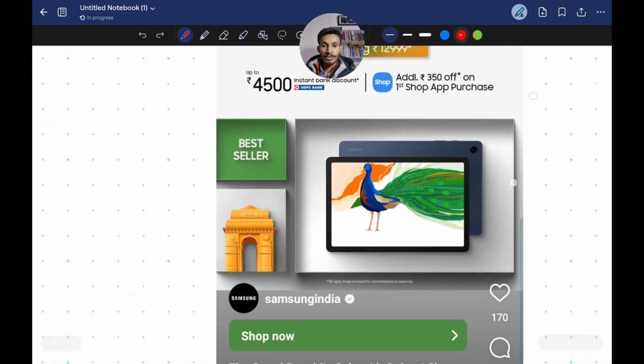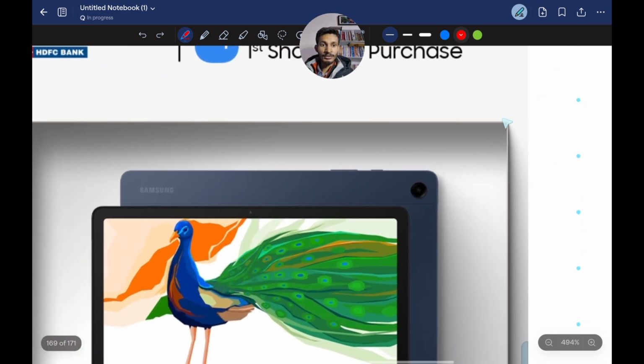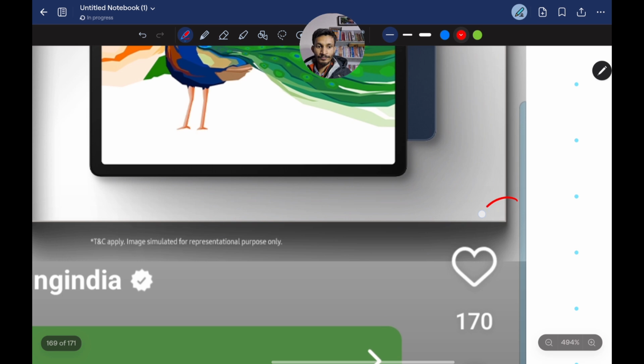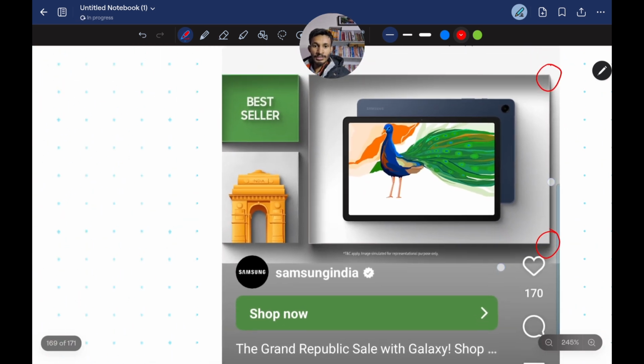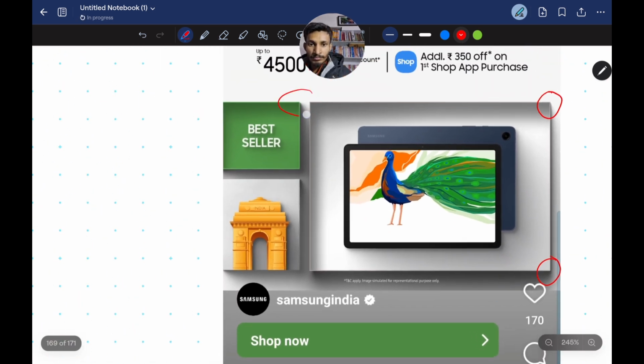Now moving to another thing, I'm going to be circling the corners of these shapes. Whenever I can mark two corners together I would. Let me make a bigger one for better clarity.